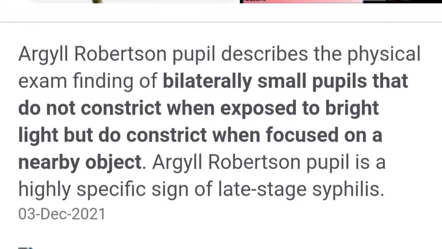So Argyll Robertson Pupil describes bilaterally small pupils. The pupils are very small, they do not constrict whenever bright light is given, but they do constrict when focused on a nearby object. You can remember these two characteristics are very important for Argyll Robertson Pupil.